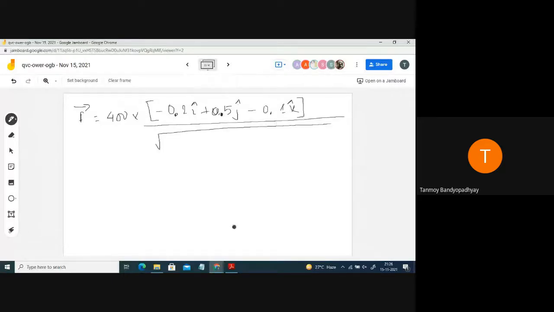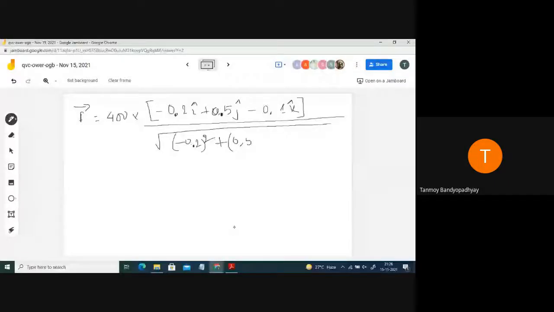So the magnitude will be minus 0.2 whole square plus 0.5 whole square plus minus 0.1 whole square. So just you can do this one at your home.